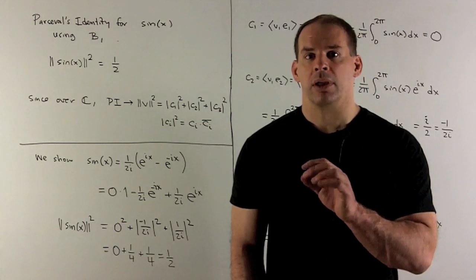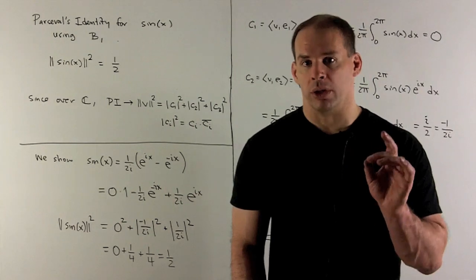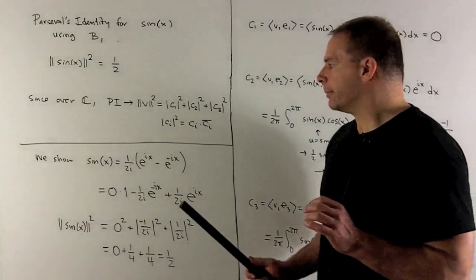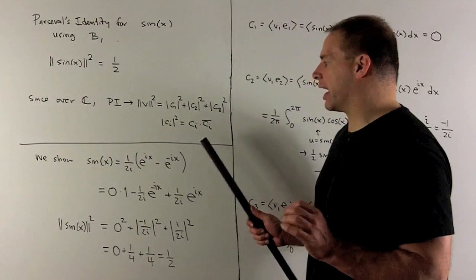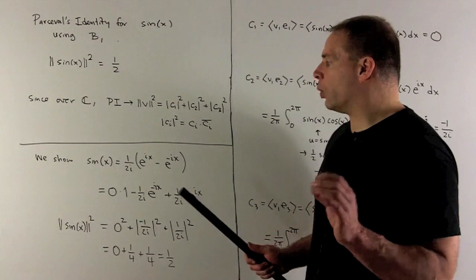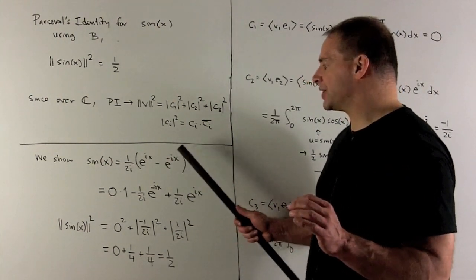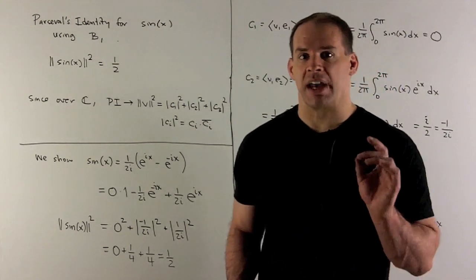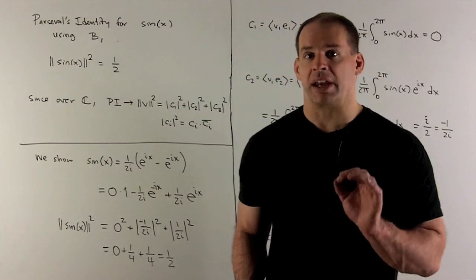Now, the identity I'm going to use for sine of x is going to come from Euler's formula. So it's going to be given by 1 over 2i times e to the ix minus e to the minus ix. You take Euler's formula, substitute in for your e to the ix, your e to the minus ix, simplify. That's going to collapse down to a sine x. You have a similar identity for cosine x.